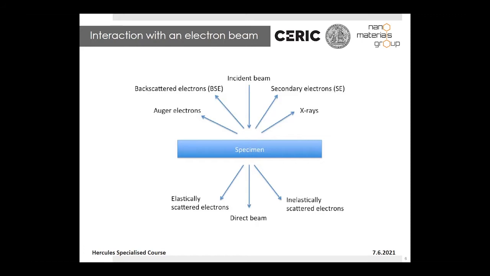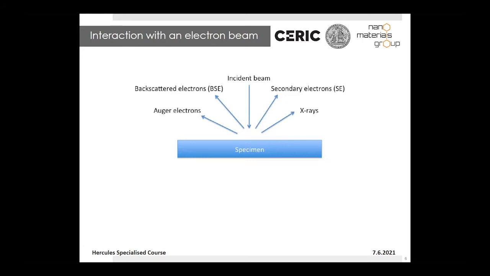If the sample is transparent for the incident beam, then also elastically scattered electrons, the direct beam, and inelastically scattered electrons. For a transmission electron microscope, you are able to see all of them. For scanning electron microscopy, your sample is too thick, so you have no possibility to see a transmission beam, only electrons which are emitted back and forward.